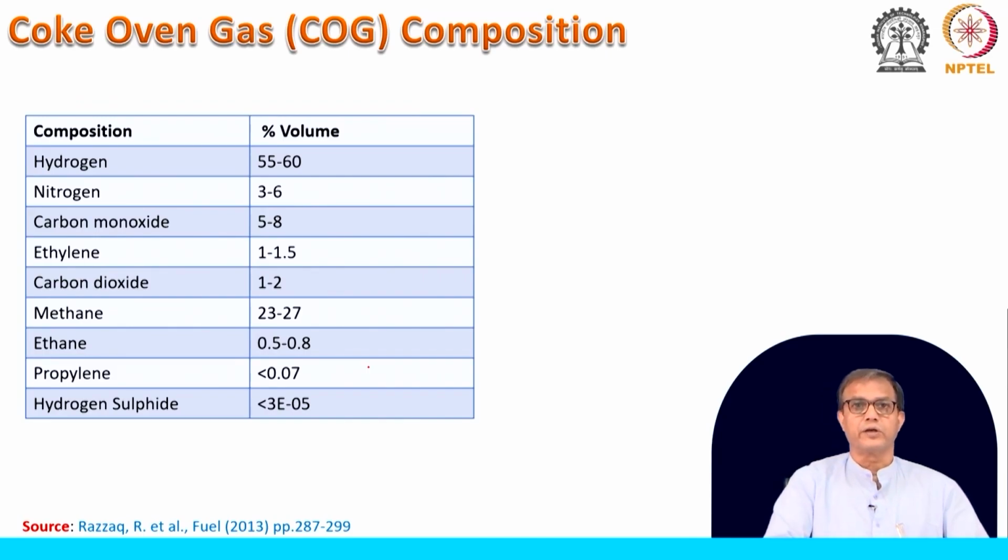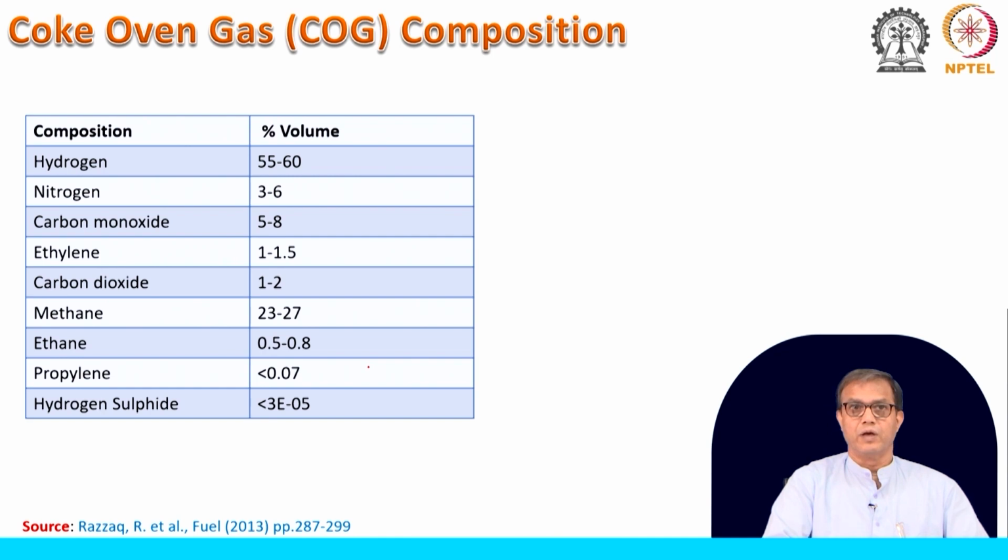Here it is telling that the volumetric composition of hydrogen in this coke oven gas is between 55 to 60%, and the second major component is obviously methane.